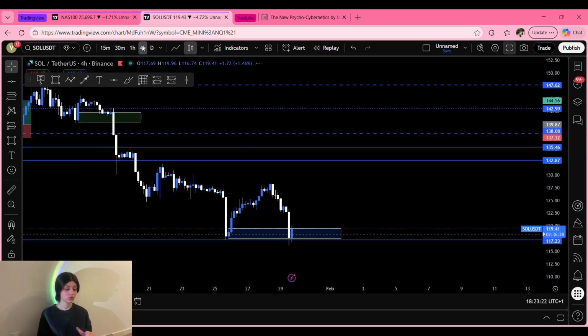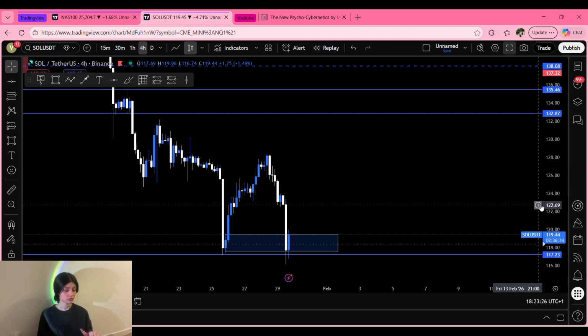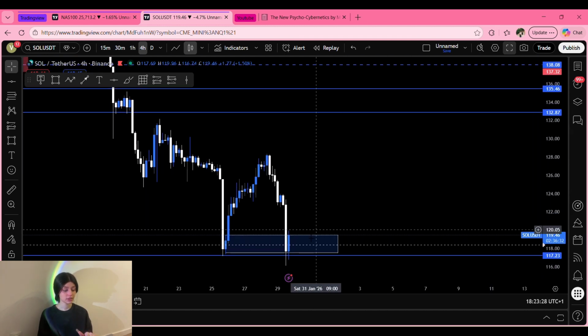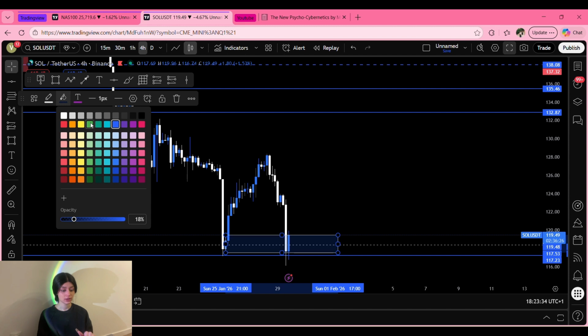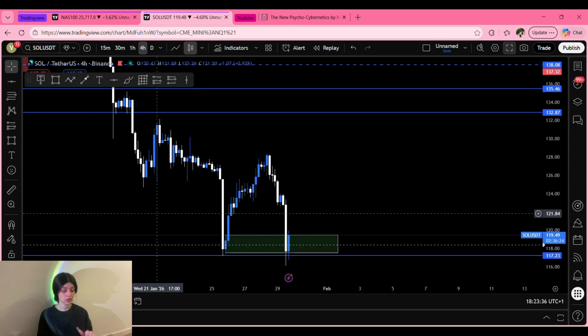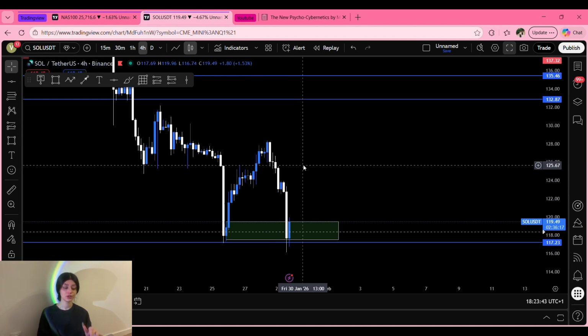Now we go down to the 4 hour time frame, and the reason I have this area marked out is because we had this sharp move up, and I marked up my supply zone. I don't really use supply and demand like this, but I think it's still a pretty good strategy, so I can implement it from time to time.